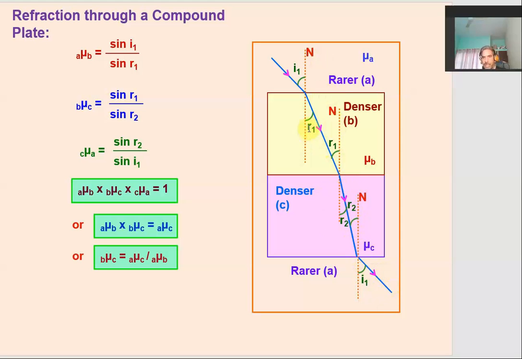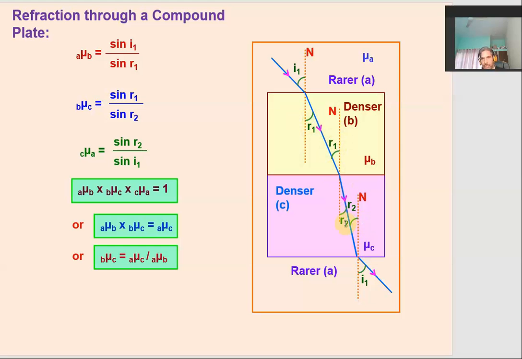So we are indicating their angles of incidence and refraction here. This is the angle R1, so this angle will be the angle of incidence. It will also be equal to R1 because of the geometry of the shape. And this is R1, the angle of incidence here.